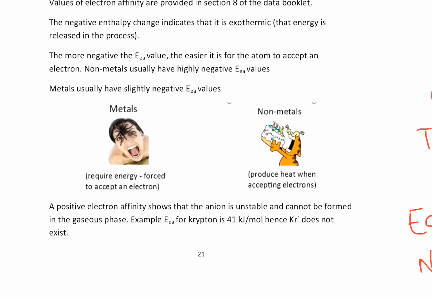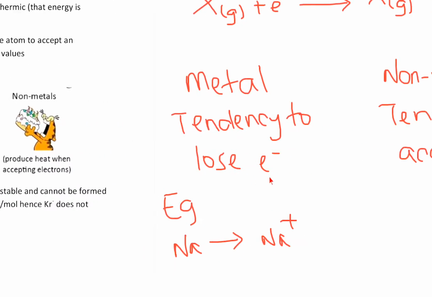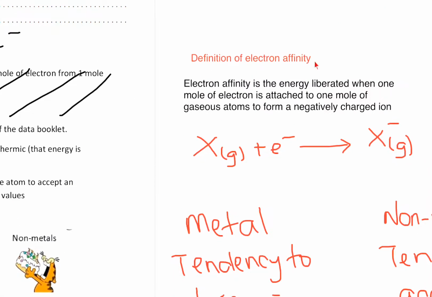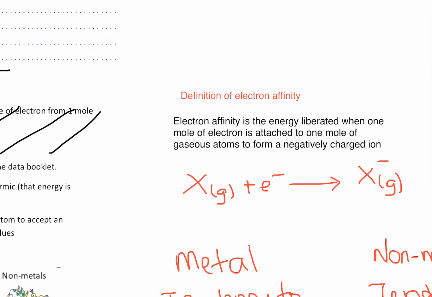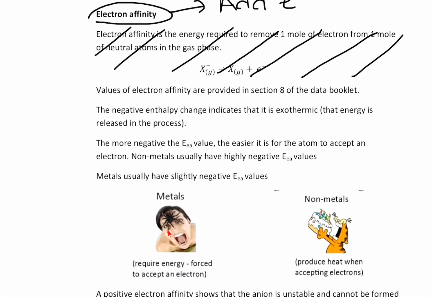So metals, they are kind of forced to accept the electron when we're talking about electron affinity. So here, whether it's metal or non-metal, when we're talking about electron affinity, it means that we're forcing that atom to accept an electron. So metals are kind of very afraid to accept electrons.